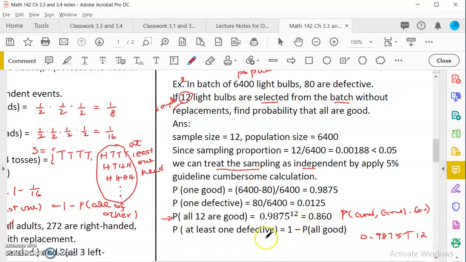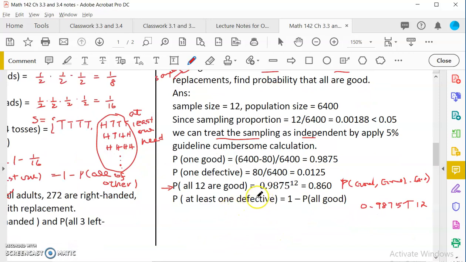At least one, we talk about what is at least one. At least one of something is 1 minus the probability of all good. All of them are good. So if all of them are good, that would be the opposite of at least one is defective. So what is the probability of all good? All 12 are good. We already calculated 0.860.